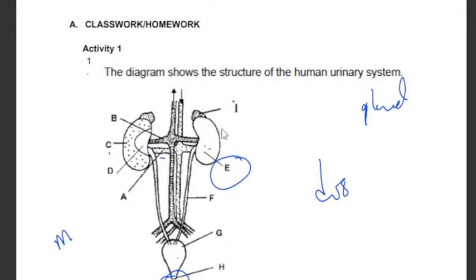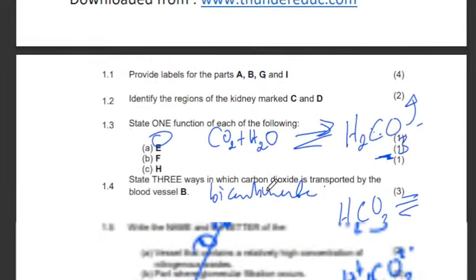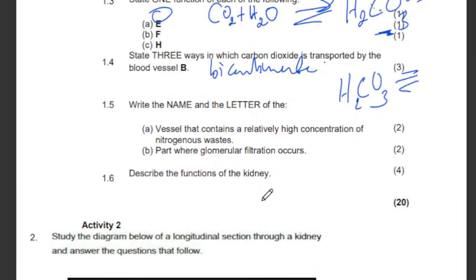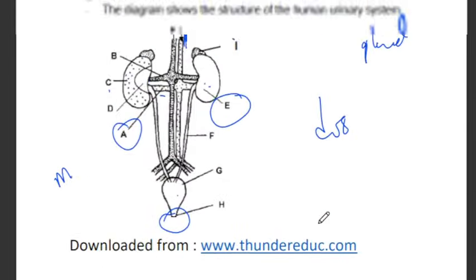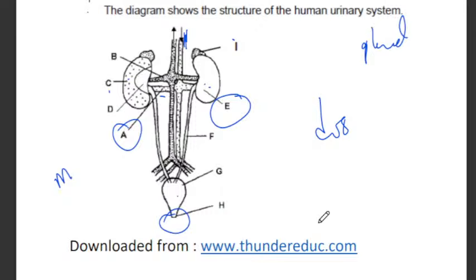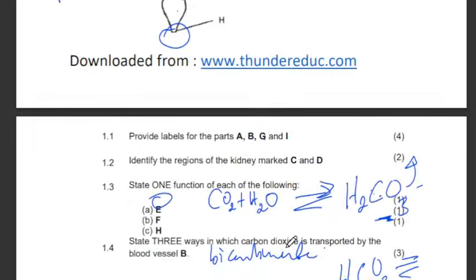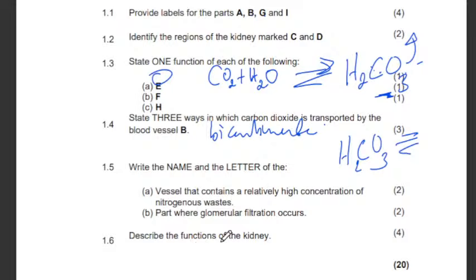In this case, it's A, which is the renal artery. And then they're asking where glomerular filtration occurs. It occurs in the dark part of the kidney. That's where filtration occurs.